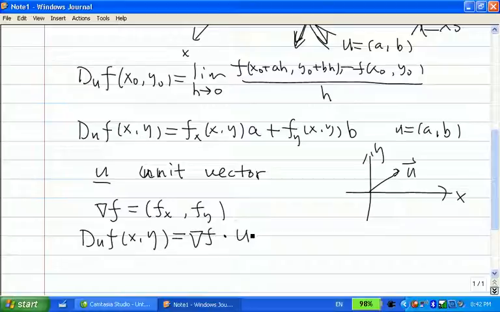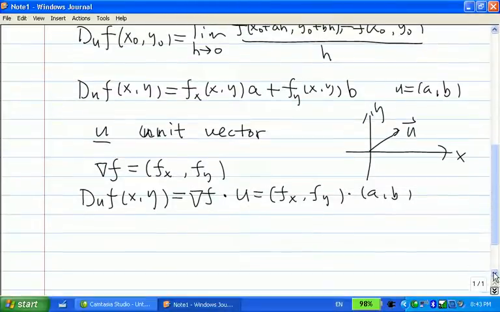If you forget about the dot product, go back and review. Which is (fx, fy) inner product (a, b).